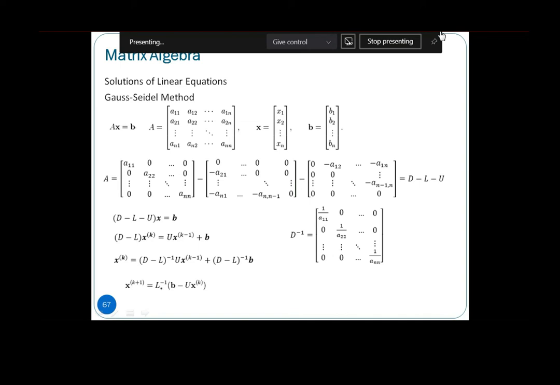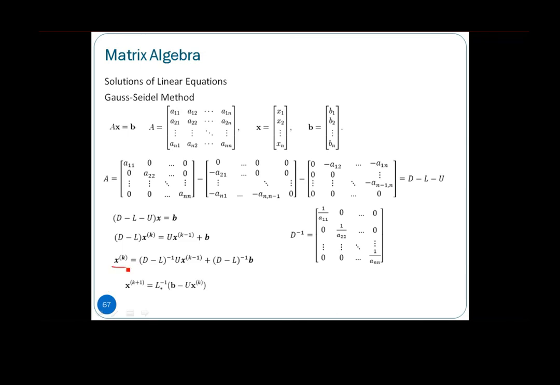So after you rearrange everything, you will find that your xk, if you want to find any value of your x of the current iteration, then you have to find the inverse of D minus L, multiplied with U times xk minus 1. So this D minus L is basically your diagonal minus your lower matrix.